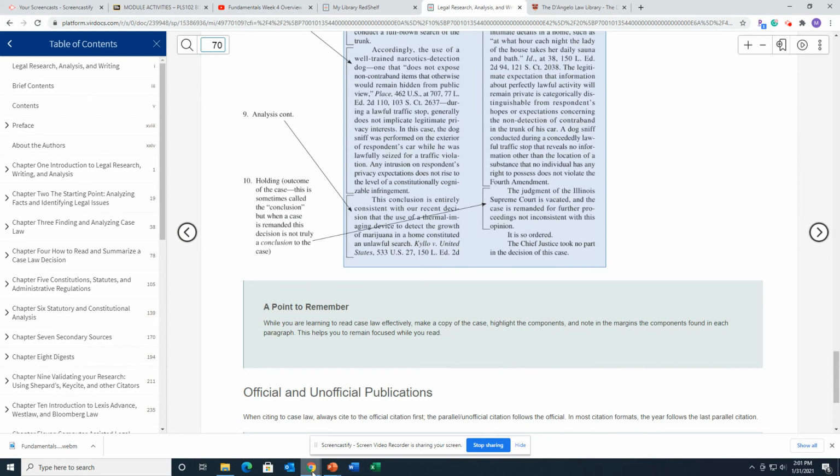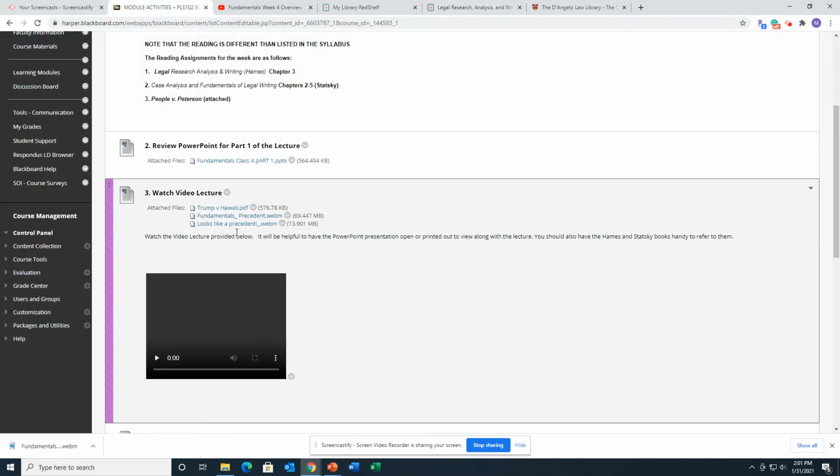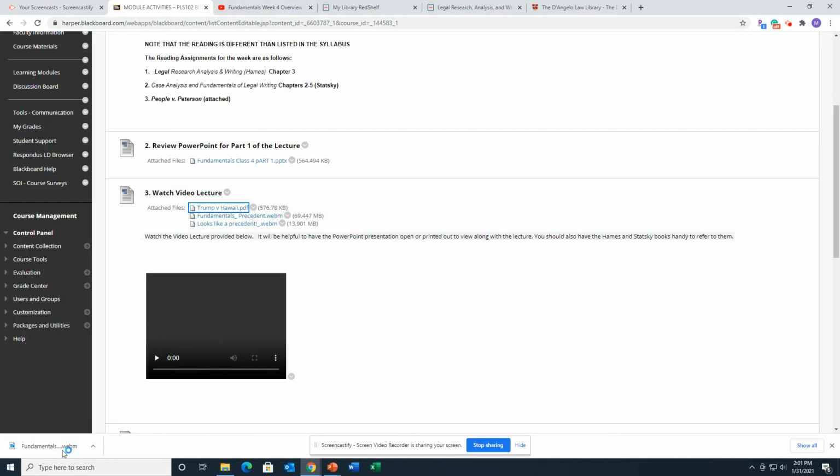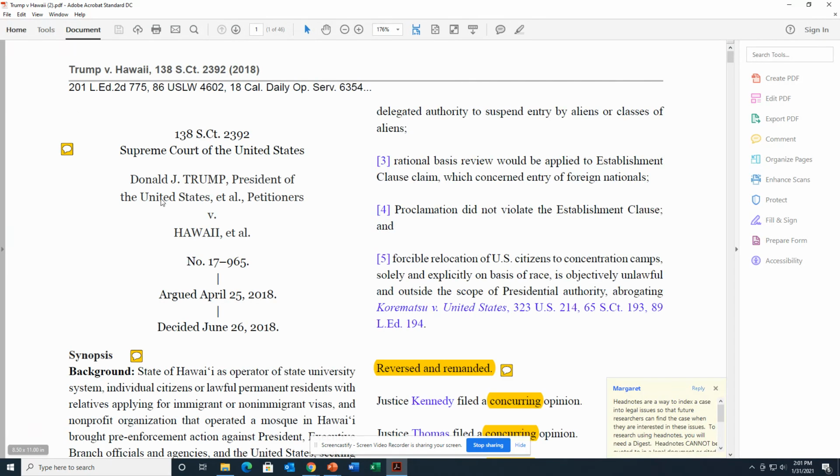So I have posted in the learning module a case for us to look through together. Called Trump versus Hawaii. I think I got this on maybe Google Scholar. It was pretty early when this case came out that I downloaded it. But I have little notes here. Okay, so here's my case.